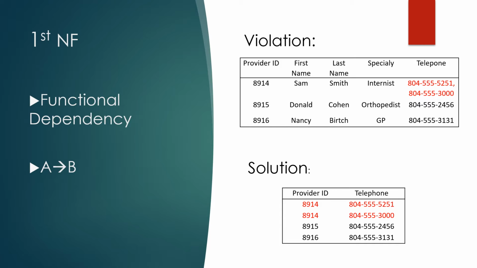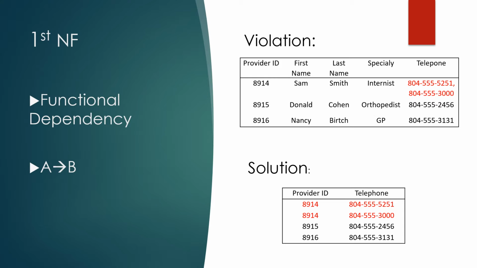The relationship between non-primary key columns and primary key column is said to be functionally dependent. Column B is functionally dependent on column A. In other words, if we know the value of A, then we know the value of B. This relationship is not always mutually exclusive.